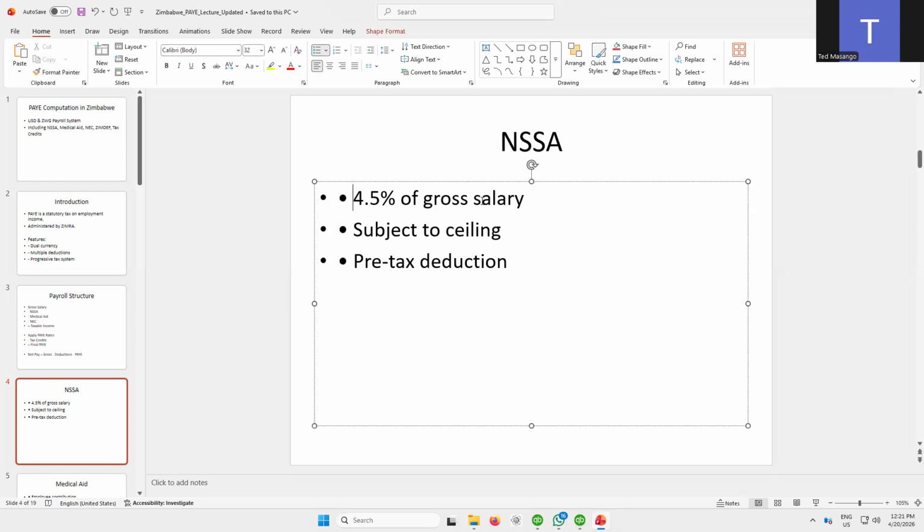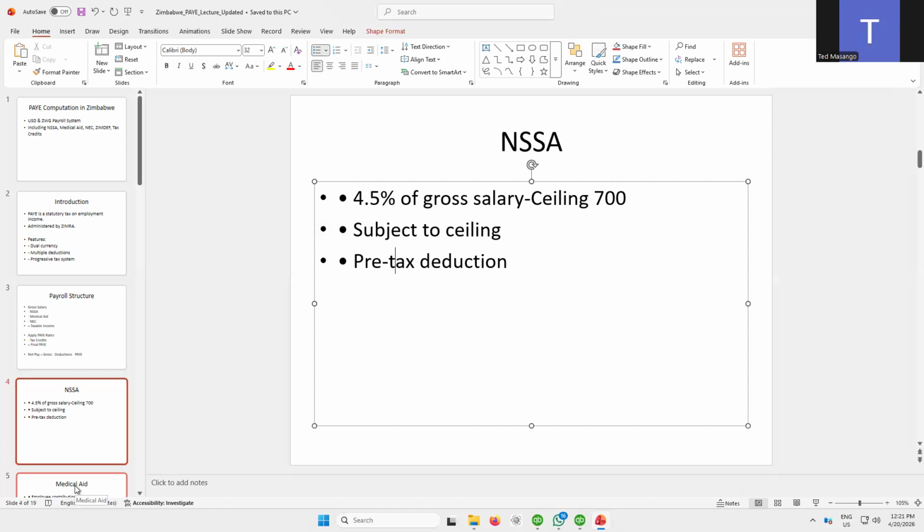So if the employee earns 500, you are simply saying 4.5% of 500, because the ceiling is 700. Subject to the ceiling, you are making this deduction. So you calculate, then you get the amount.